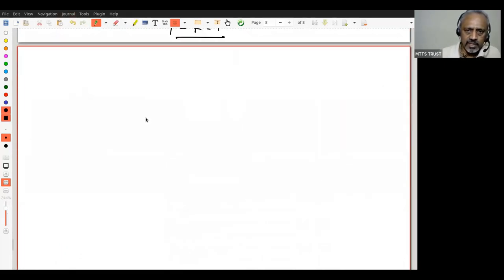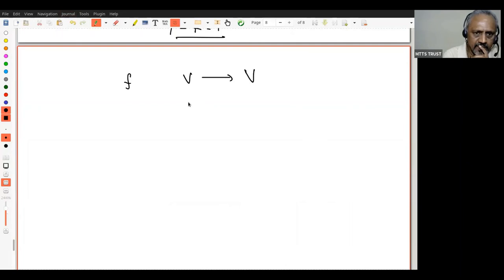Now, the last one. Suppose I have a linear map F from V to V, the same, right?